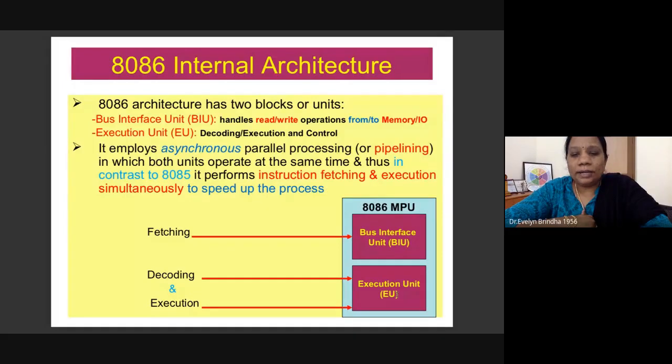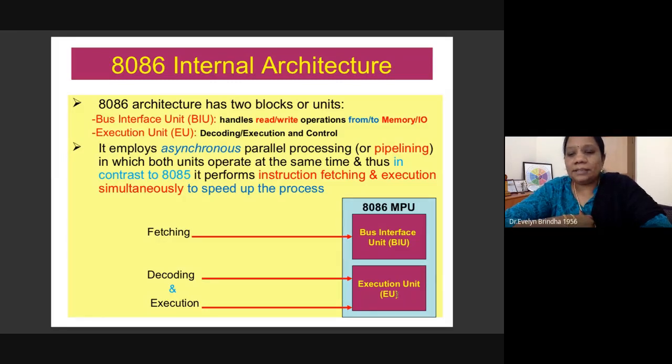Since your 8086 architecture is divided into 2 units, the first unit, BIU, is meant for fetching the instruction from the main memory. Main memory will not be on the CPU, it will be somewhere outside, so you have to go and fetch the instruction and bring it. That job is done by the BIU.